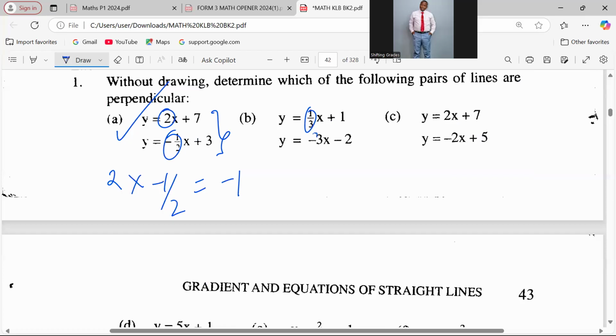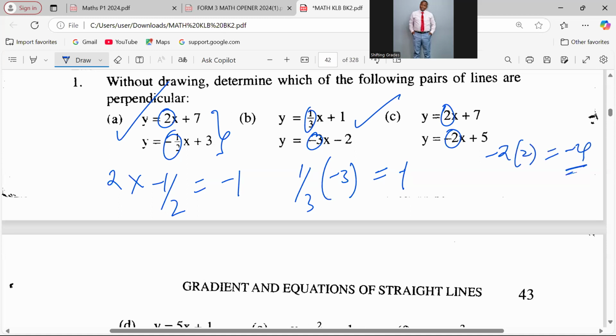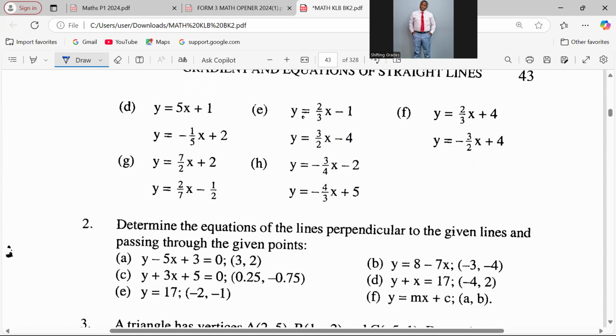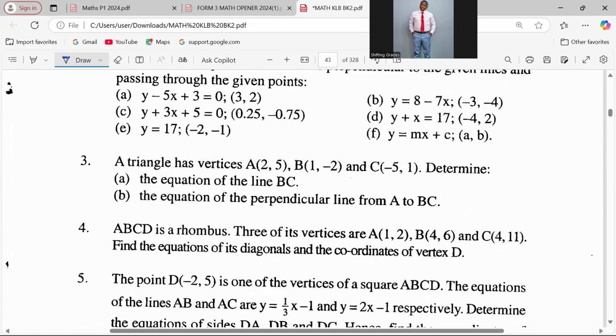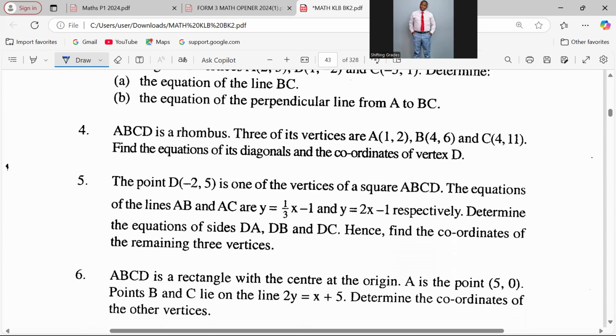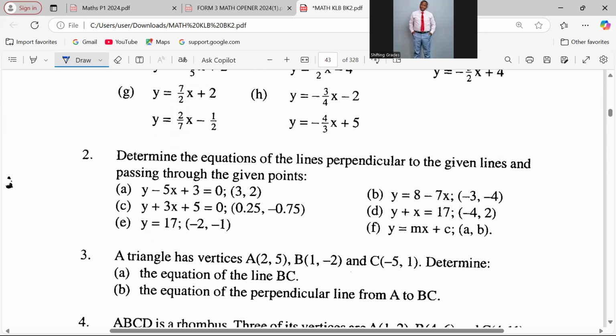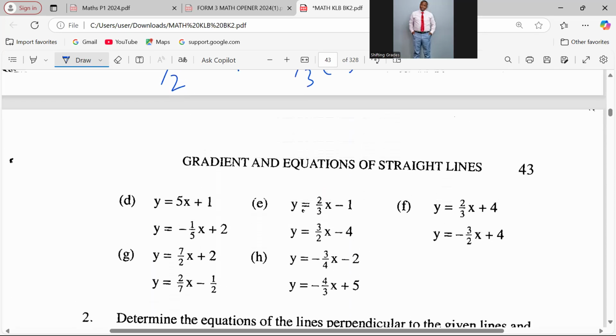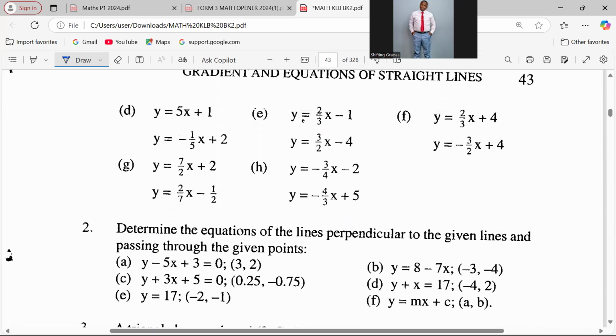A third and -3, -1, perpendicular. 2 and -2, getting -4, not perpendicular. So you can determine pairs of lines which are perpendicular to one another by simply checking the product of the gradients.